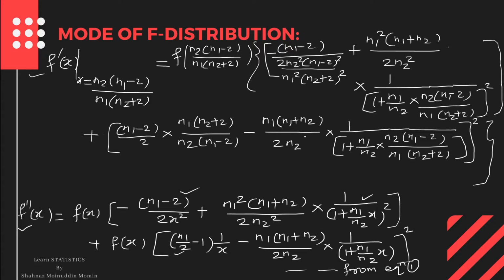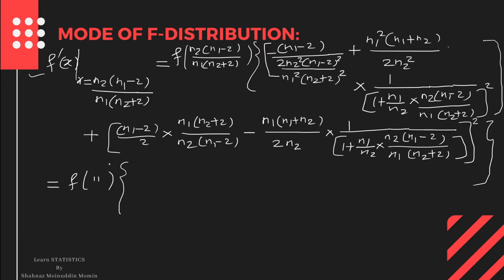Now we will simplify it, which is equal to f of n2 n1 minus 2 divided by n1 into n2 plus 2 as it is. Here this n1 minus 2 is cancelled with one n1 minus 2. So it is minus n1 square n2 plus 2 whole square.